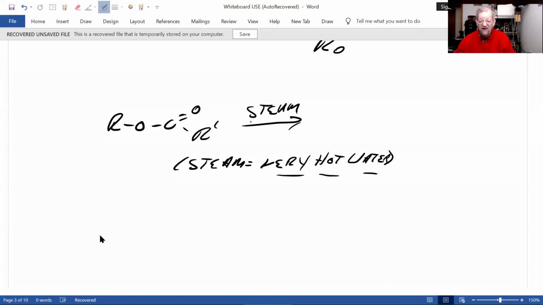Oops, the R fell off. And what you get is the same as acid hydrolysis of an ester. You get back the alcohol plus the carboxylic acid you would have used to make that ester.